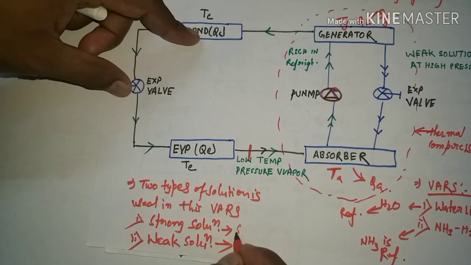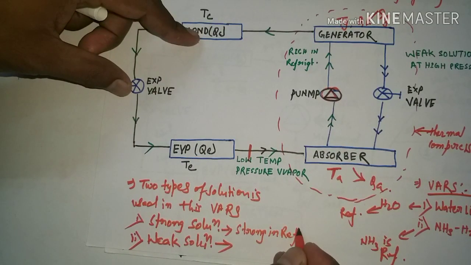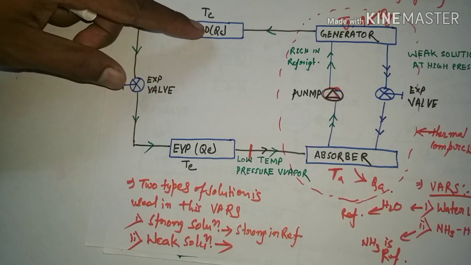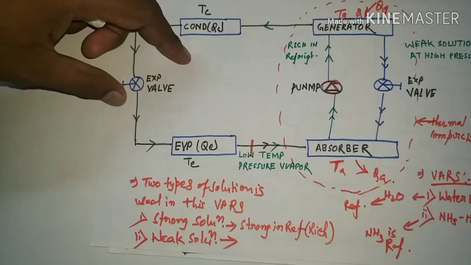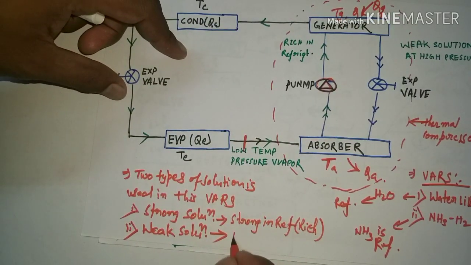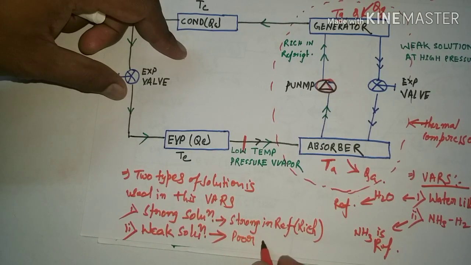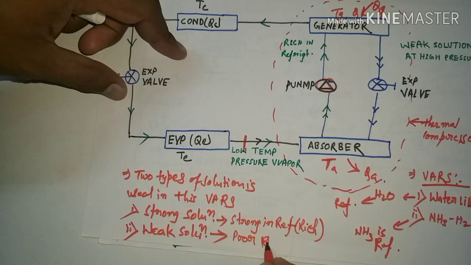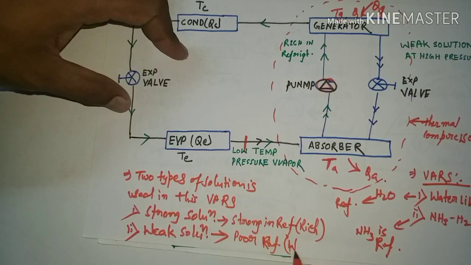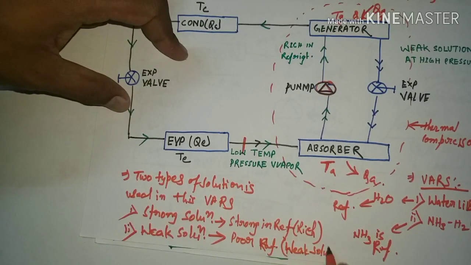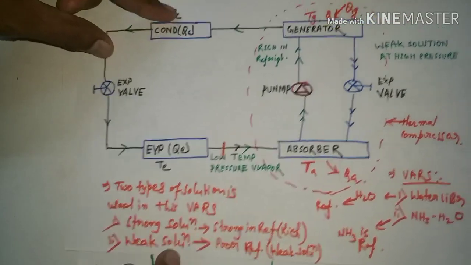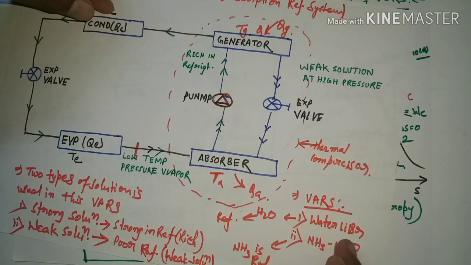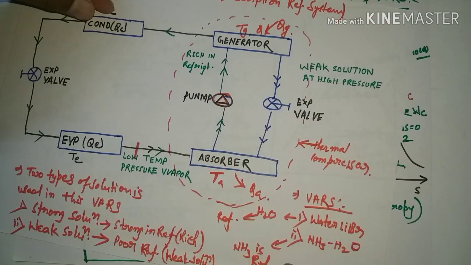A strong solution means strong in refrigerant: the solution in which refrigerant is high, rich. The solution in which refrigerant is poor, less, is called a weak solution. So this is the strong solution and weak solution, in the two types of vapor absorption refrigeration system: water lithium bromide system and NH3-H2O system.